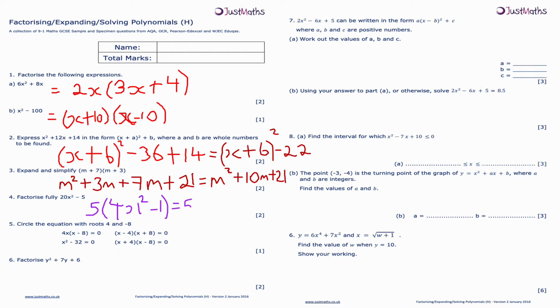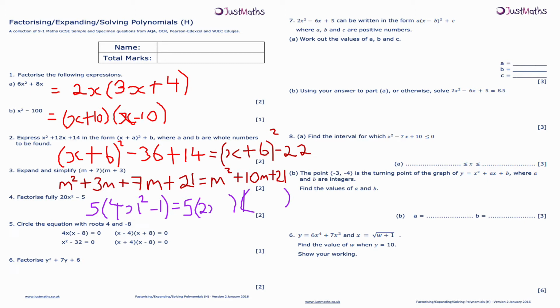That's not always immediately obvious, but the difference of 2 squares has to be x squared minus a number, or a number in front of the x squared minus a number.